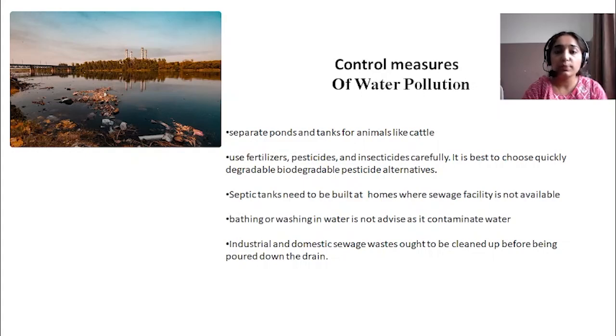Use fertilizers, pesticides, and insecticides carefully. It is best to choose quickly degradable, biodegradable pesticide alternatives. One should use fertilizers, pesticides, and insecticides carefully. If possible, it's better to avoid them as they consist of many harmful chemicals such as lead, arsenic, and mercury. But if they want to use them for fertilization of their crops, then in that case they can go for biodegradable pesticides instead of non-biodegradable pesticides.